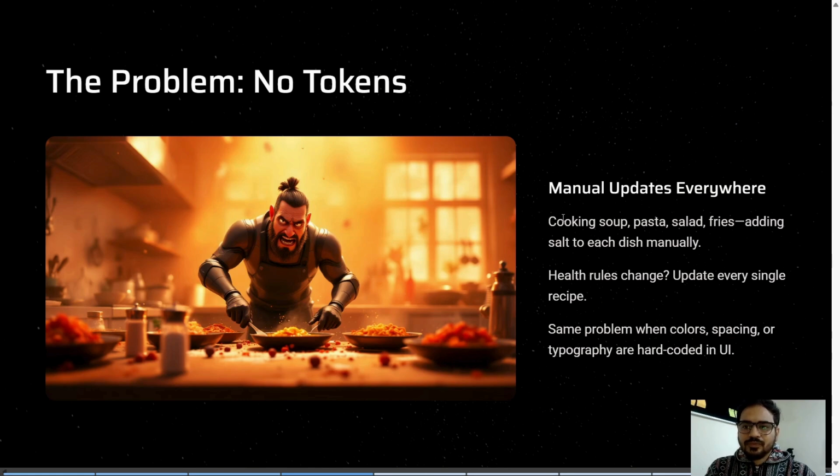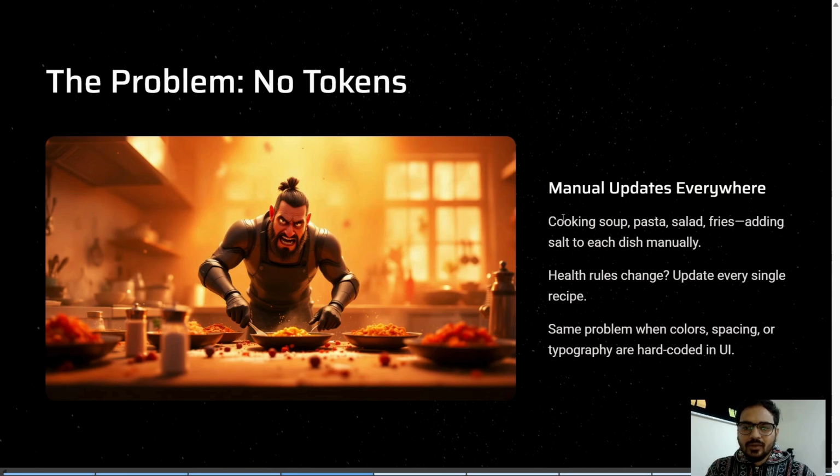So what do you do? You maybe update each dish manually, or maybe you make it again. The same thing happens with our color, spacing and typography. You have to do it manually, every screen one by one, if you don't create a design token.